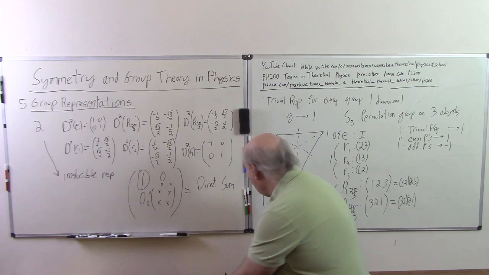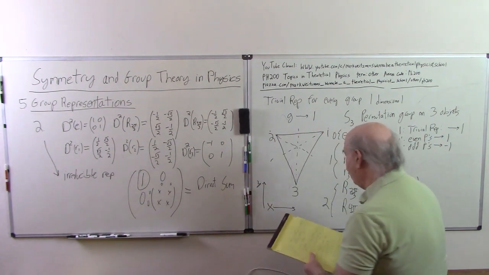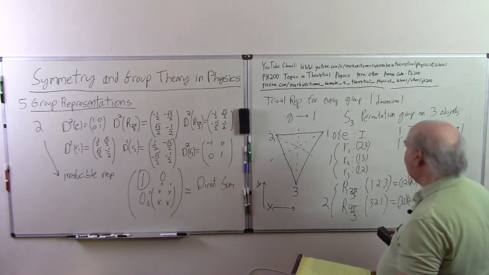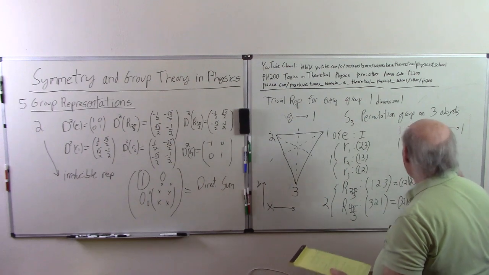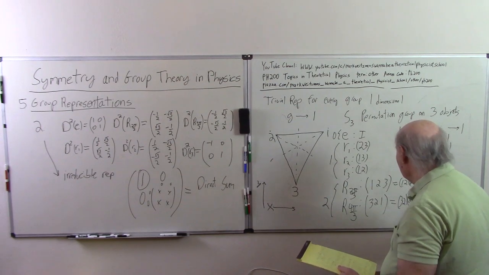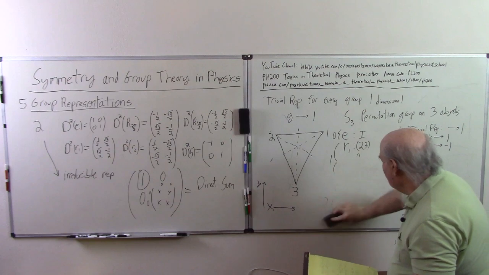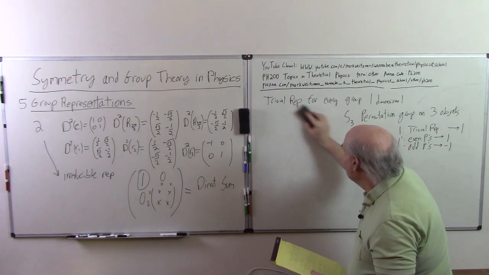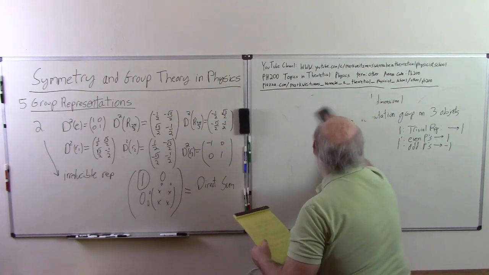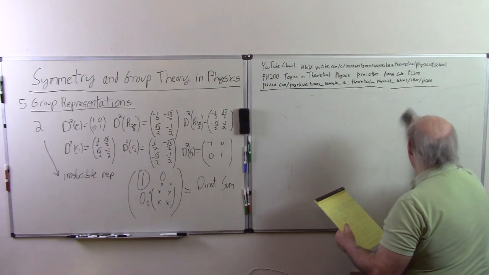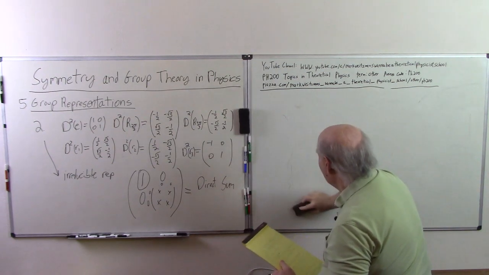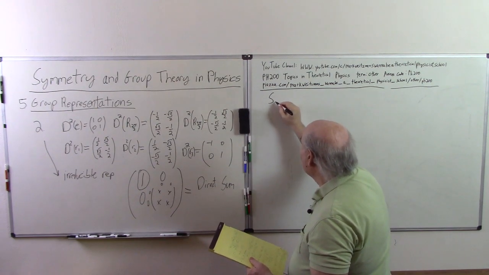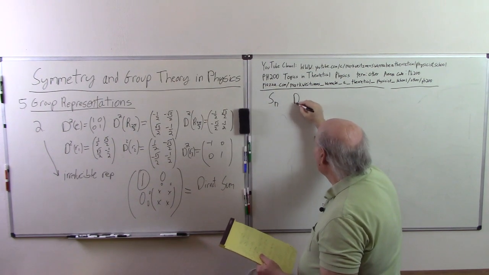So I just want to go on to illustrate this. I want to give another representation. For every permutation group, I can give what's called a defining representation.